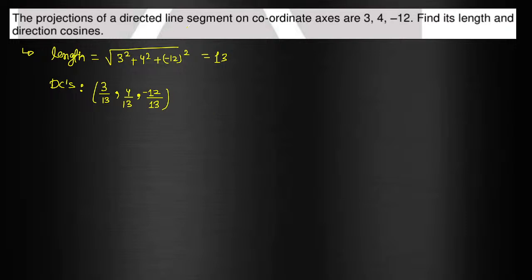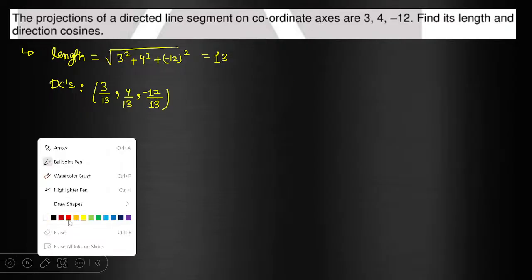The projection of a directed line with given coordinates. Find its length and direction cosines. So its length is root under 3 square plus 4 square plus minus 12 whole square. Simply, I am saying what we are told.